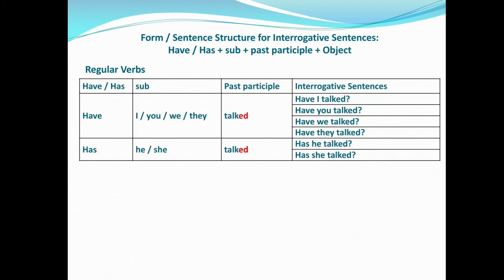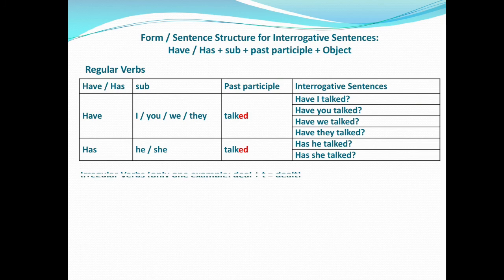You can see have with a capital H, then you have your subject I, you or we or they, and past participle regular verb talked. So, you get the question have I talked, have you talked, have we talked, have they talked. So, you need to remember the pronunciation, as I always say that it should sound like a question. Okay. And then you can see has. So, you get has he talked, has she talked.